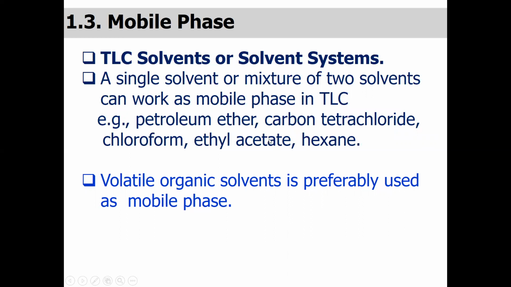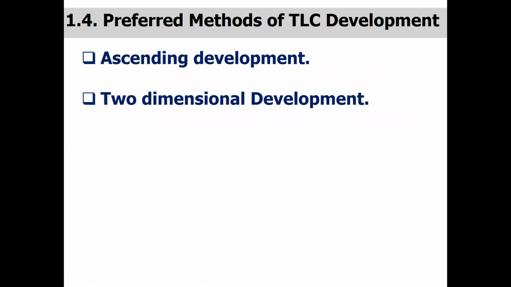For example, 9 ml hexane and 1 ml ethyl acetate, or 8 ml hexane and 2 ml ethyl acetate, or sometimes we use methanol as a solvent in combination with chloroform. So we have a variety of solvent systems to be used in TLC for the identification of compounds. And generally, we prefer volatile organic solvents as the mobile phase, because volatile organic solvents can easily evaporate.